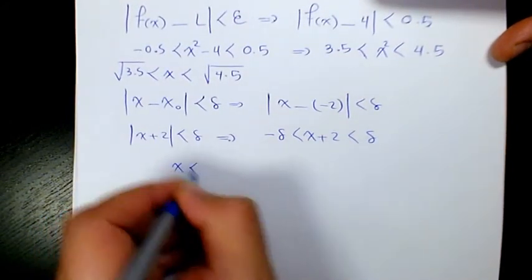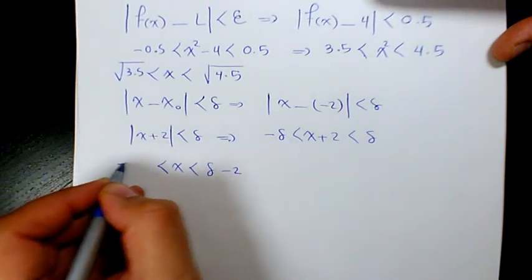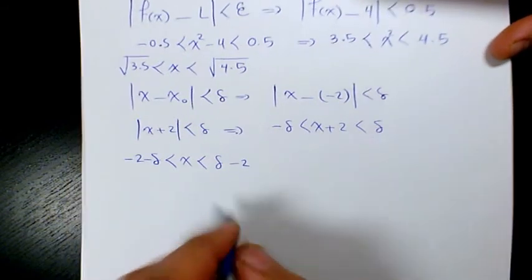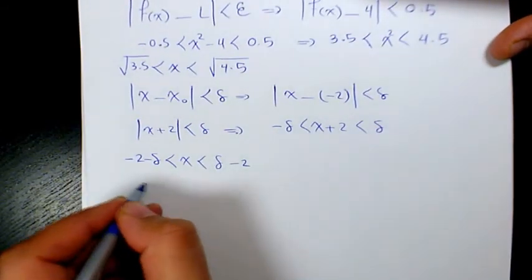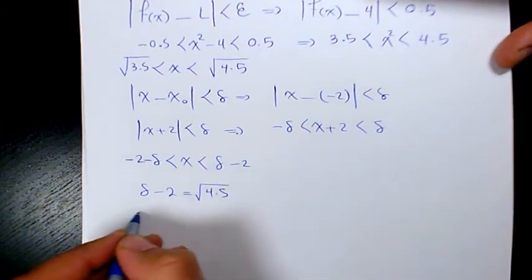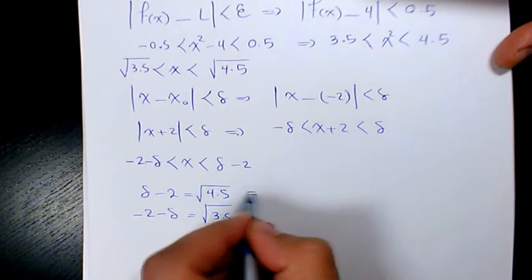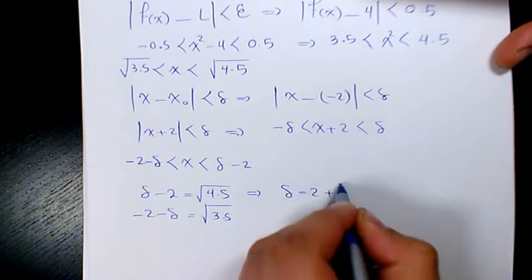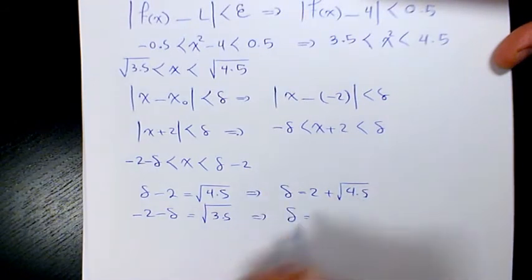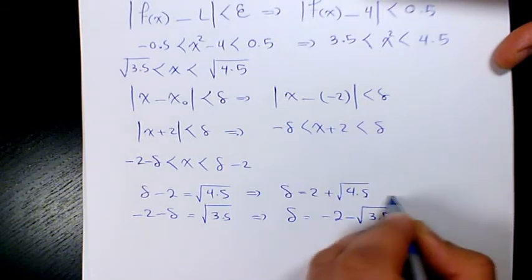So x is delta minus 2, and here negative 2 minus delta, which makes delta minus 2 equal to root 4.5, and here negative 2 minus delta equal to square root of 3.5. So delta is 2 plus root 4.5, and here delta is negative 2 minus square root of 3.5.